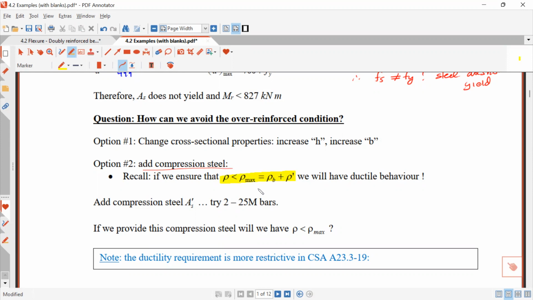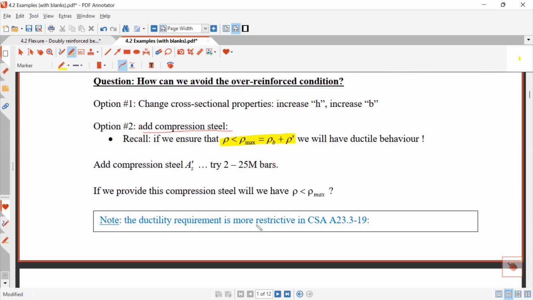So for example, if we added 2 25M bars at the top, what's that? It's 2 times 500 millimeters squared, which gives me 1000 millimeters squared.